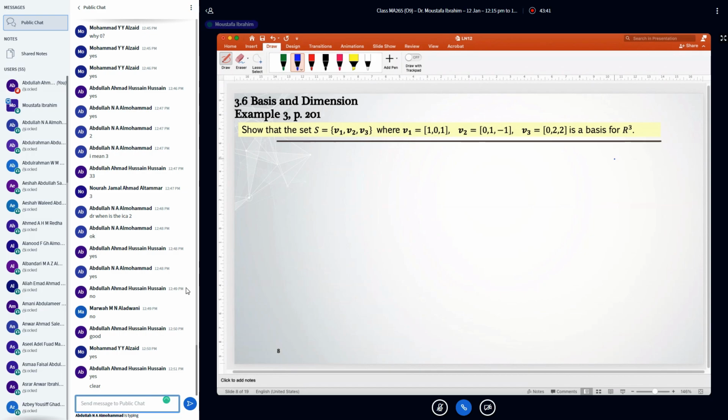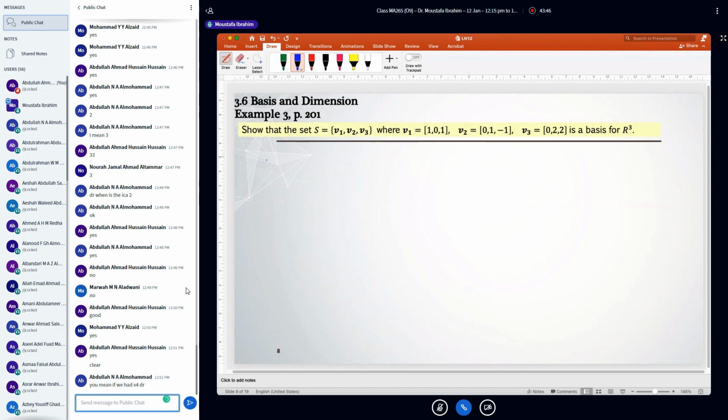Okay. So let's see here if it's span and linearly independent. One, span. A1 V1 plus A2 V2 plus A3 V3 equals B. Now we write the augmented matrix.